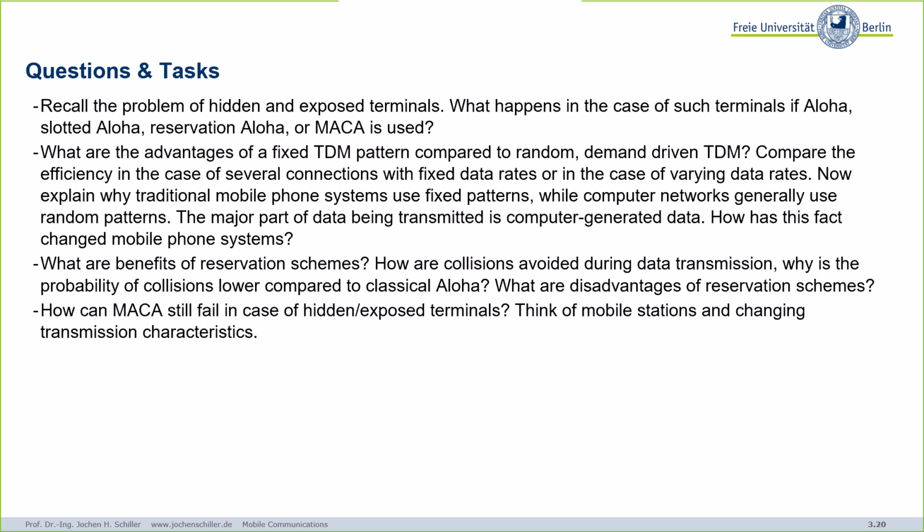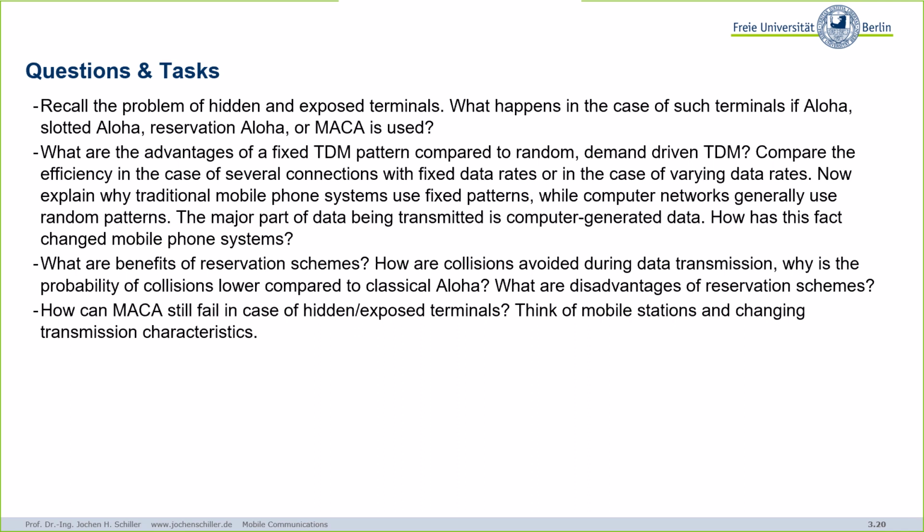Those RTS, CTS packets, for example, or those short Aloha slots. These are short slots, only some bytes, maybe only a single byte. That's the basic idea. But the original data we transmit, that's way more. That's then whatever, 1,000 bytes, something like this. That's exactly the answer.